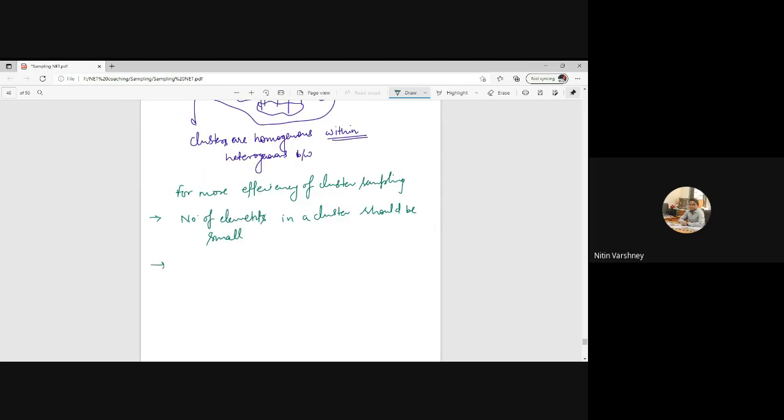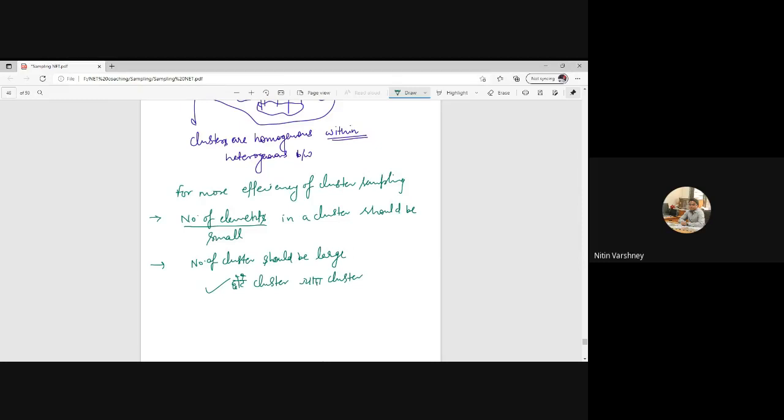Second, the number of clusters should be large. In Hindi, we can say: make small size clusters, but make more clusters. So you can remember: small clusters, more clusters. Small size clusters, and the number of clusters should be large to get more efficiency.